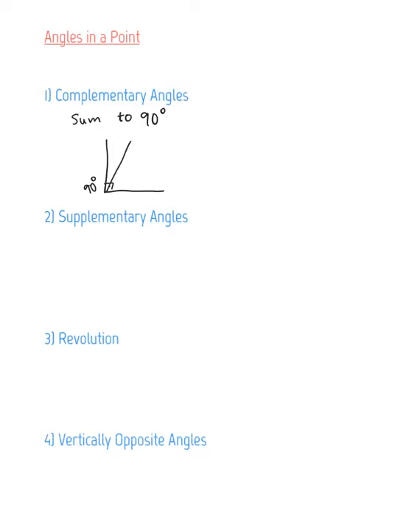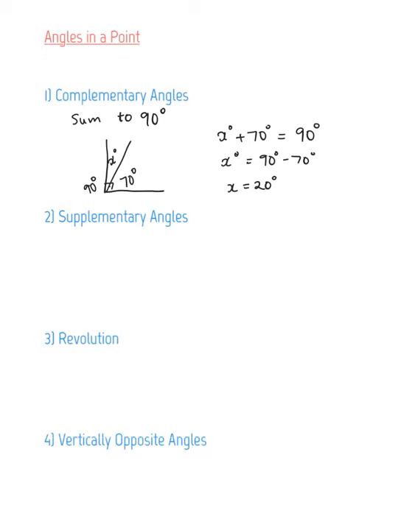Let's say I have X over here and this remaining section is 70 degrees. I can then say X plus 70 degrees gives me 90 degrees. So something plus 70 gives me 90. We know that that's 20. So X is 20 degrees. That's called a complementary angle, any angle that sums up to 90 degrees.